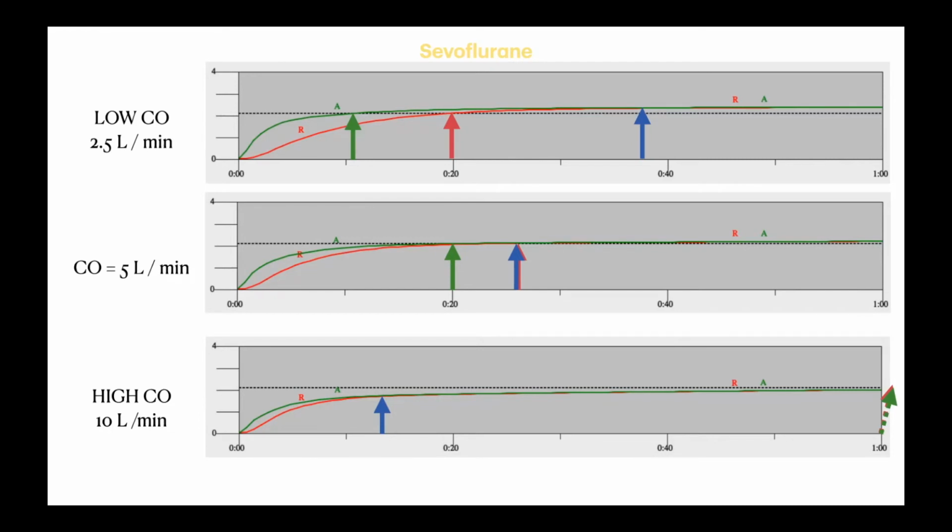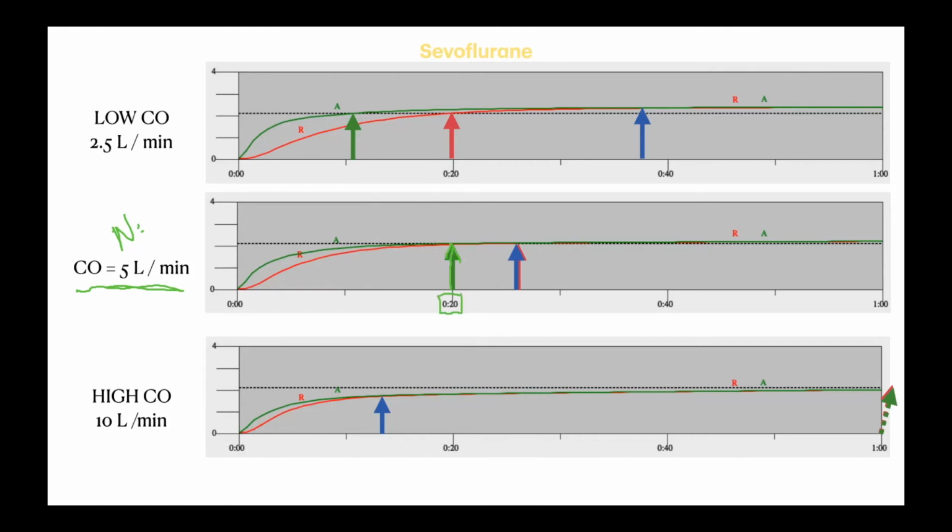Now, the first arrow I want you to focus on is that from the normal cardiac output of 5 liters per minute. The green arrow represents when the alveolar partial pressure reaches the threshold of MAC of 1, which is the end-tidal of 2.1. And you can see that the alveolar partial pressure reaches that at approximately 20 minutes.